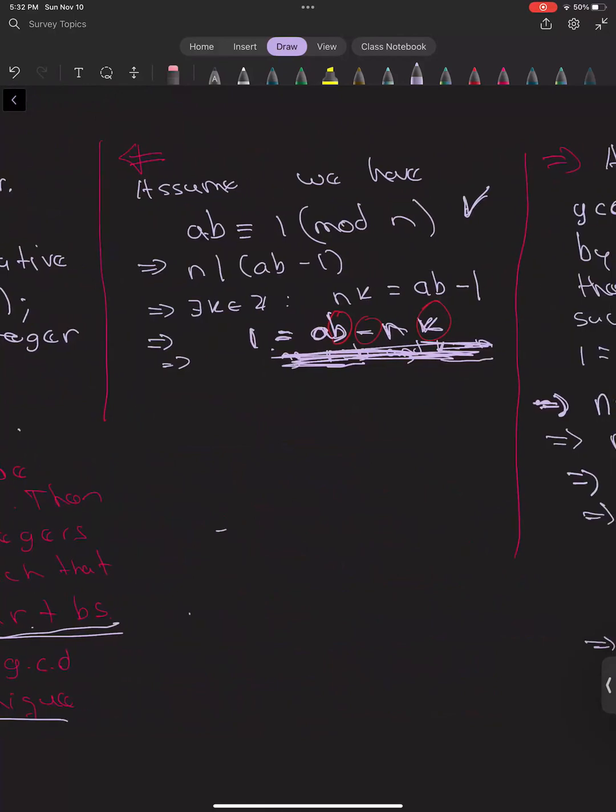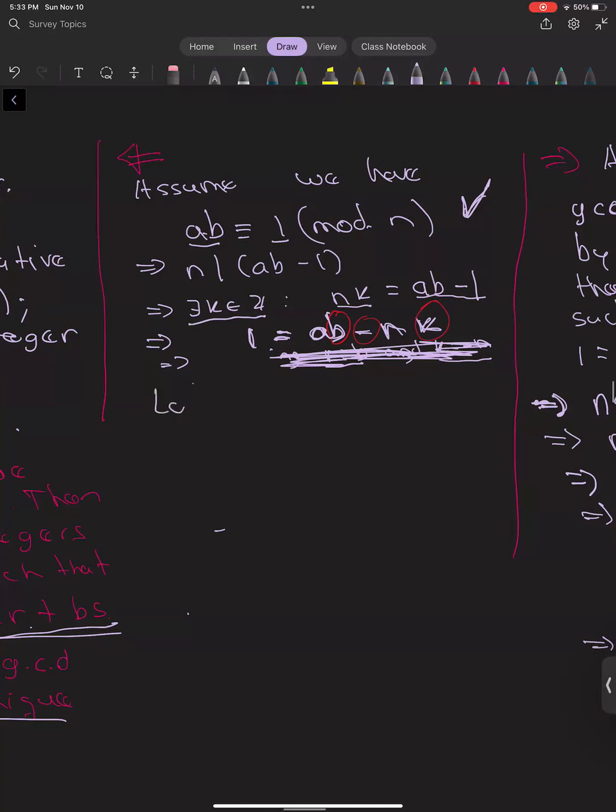So let's assume this. That means A has an inverse called B, right? By definition of mod N, N must divide AB minus 1. That means there exists an integer K such that NK equals AB minus 1, or we can rewrite it like this: 1 equals AB minus NK.